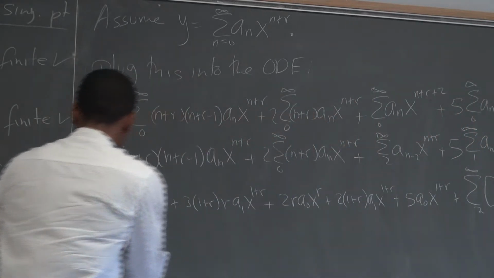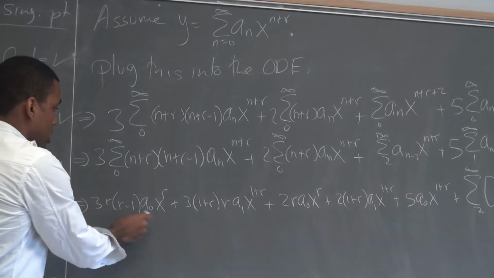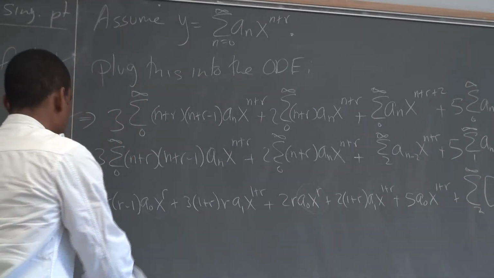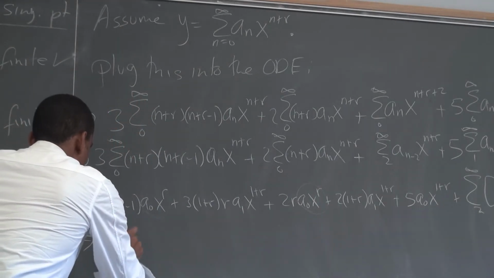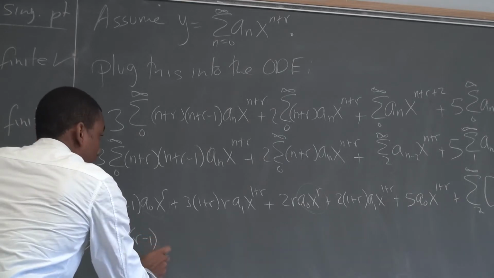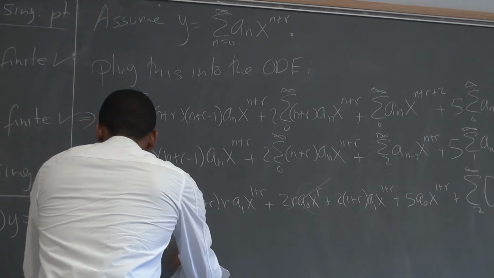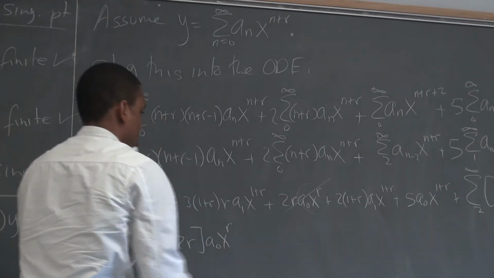Okay. Now let's look at this first part of it. Let's group the terms. I'm going to group all the a0 x to the r terms. And what am I going to get? I'm going to get 3r(r minus 1) plus 2r, times a0 x to the r.